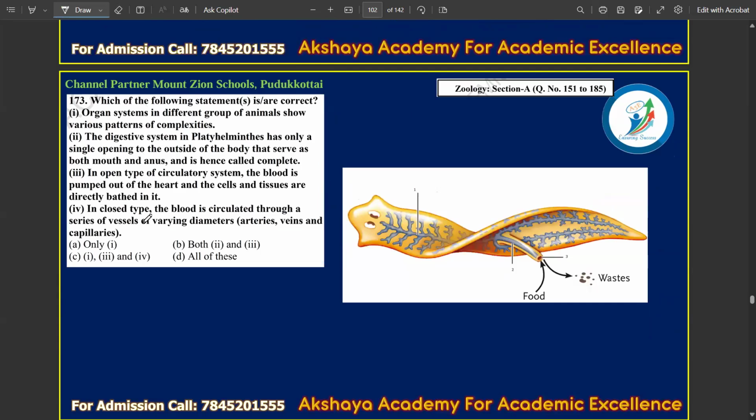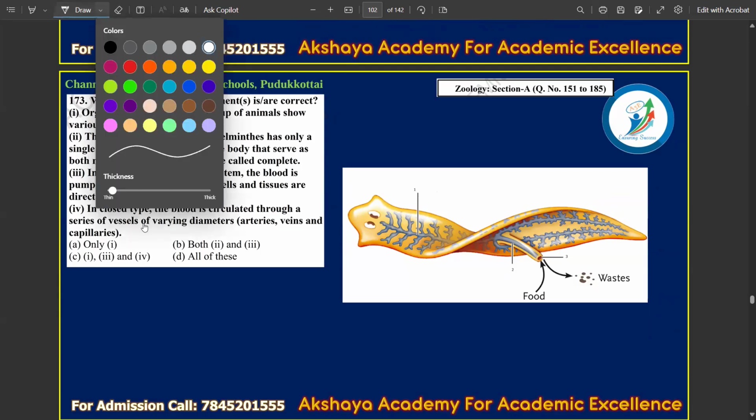The next question is, which of the following statements are correct? Let's see the first statement. Organ systems in different groups of animals show various patterns of complexity. This is absolutely true.